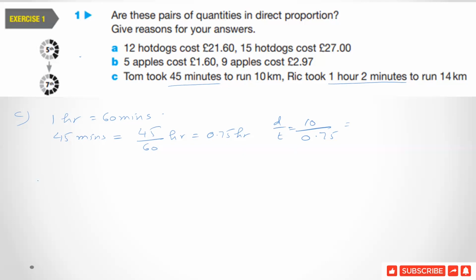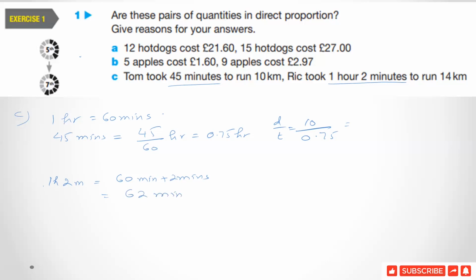Now we check for Rick. Rick's time taken, 1 hour, 2 minutes, means 60 minutes plus 2 minutes. Correct? So this becomes 62 minutes.